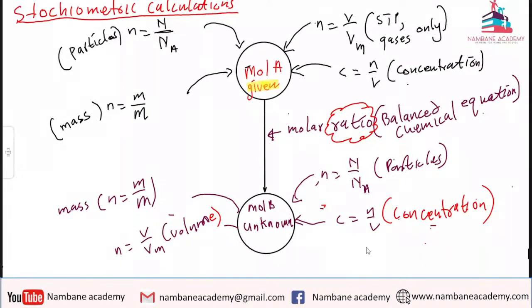The unknown in the question is oxygen. So I am moving from the given to the unknown. But before I can get the number of moles of oxygen, which is the unknown, ladies and gentlemen, I must cross the bridge. How do I cross the bridge? By using the molar ratio.